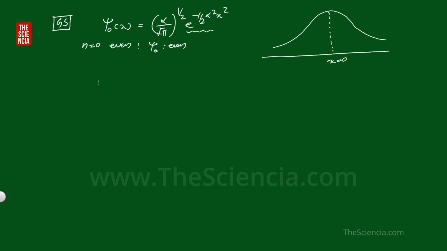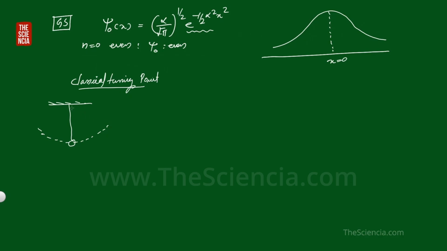And now we want to find out the classical turning point. What is this classical turning point? If there is a pendulum, there is a bob and it is oscillating.